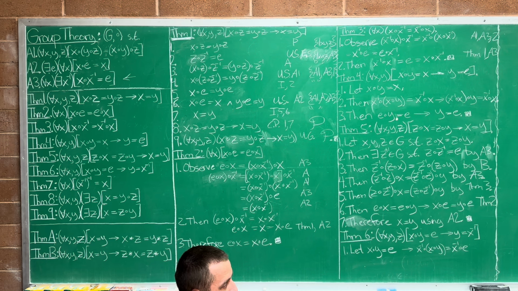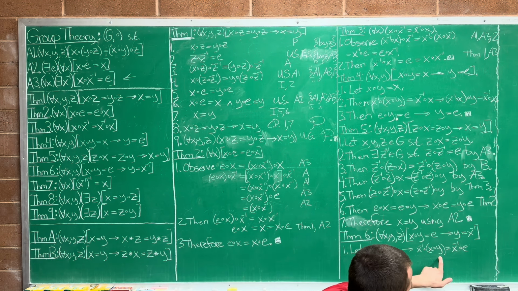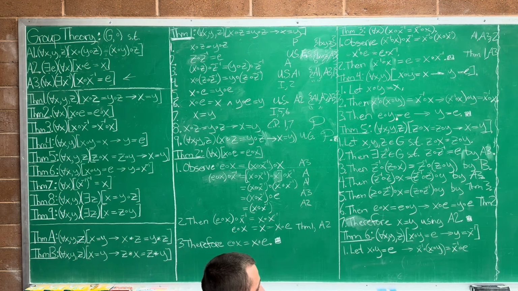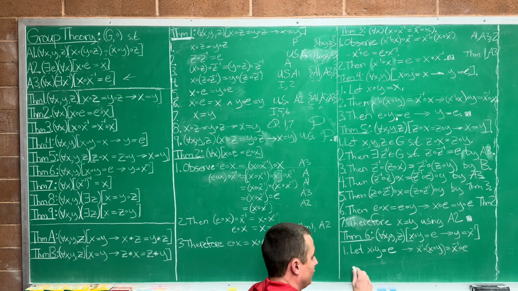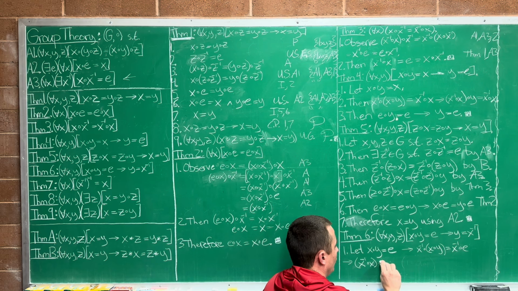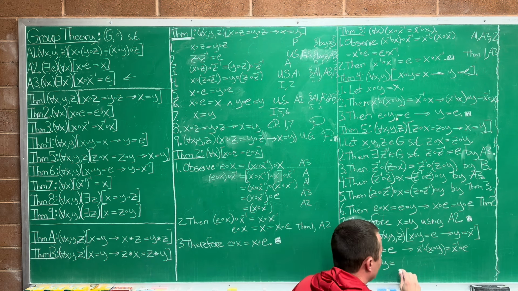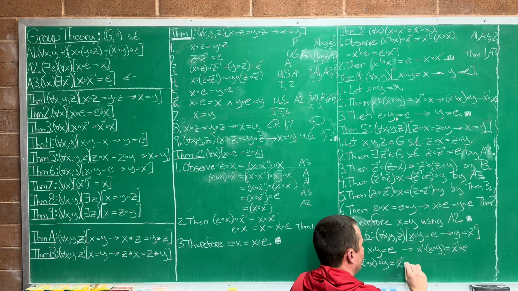Okay, now what can we do? We're trying to ultimately get y equals x inverse. Move the parentheses. So this gives me that x inverse circle x, circle y, is equal to x inverse circle E. Okay?